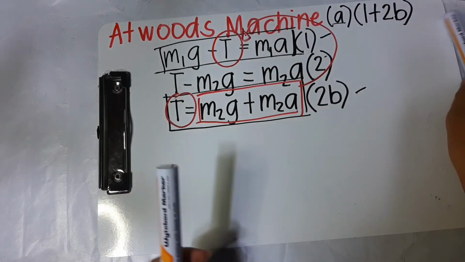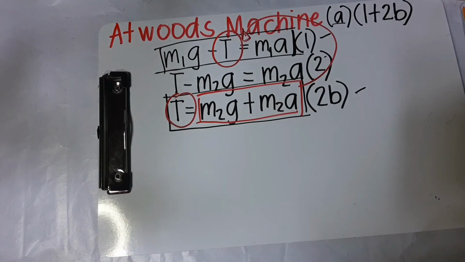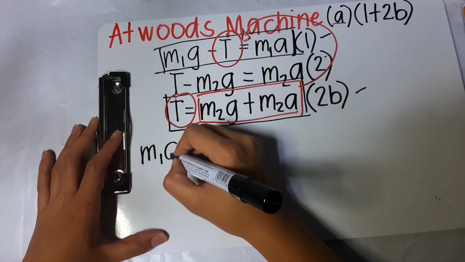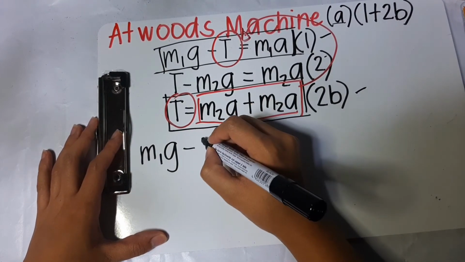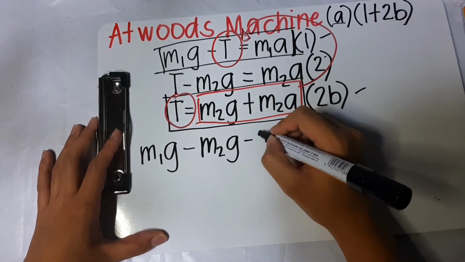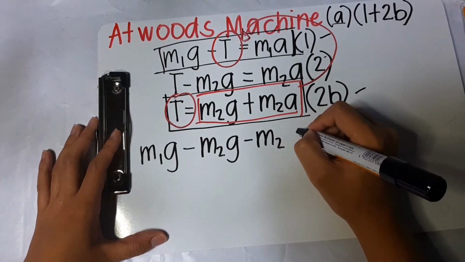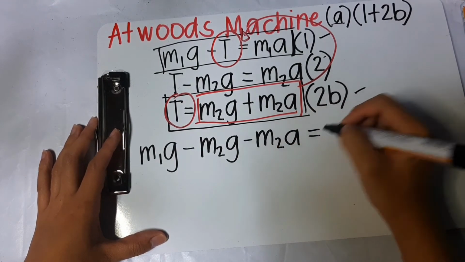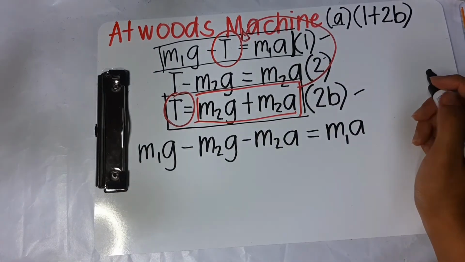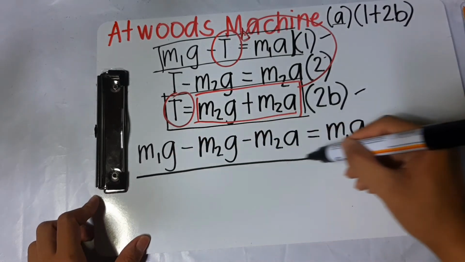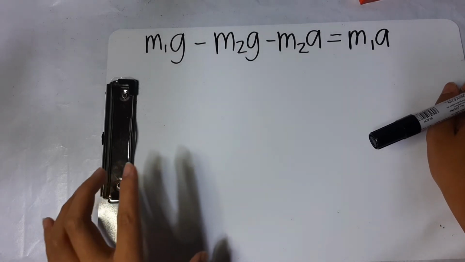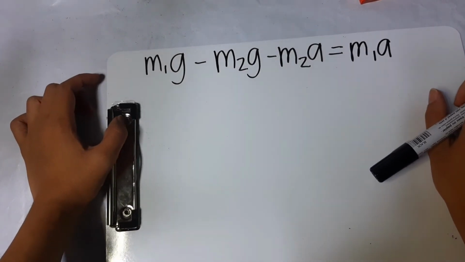So our working equation will now be mass 1 times gravity minus mass 2 times gravity minus mass 2 times acceleration is equal to mass 1 times acceleration. So this is our working equation.